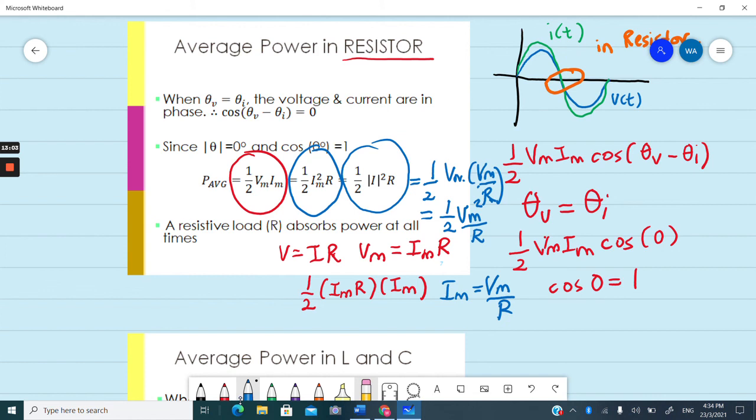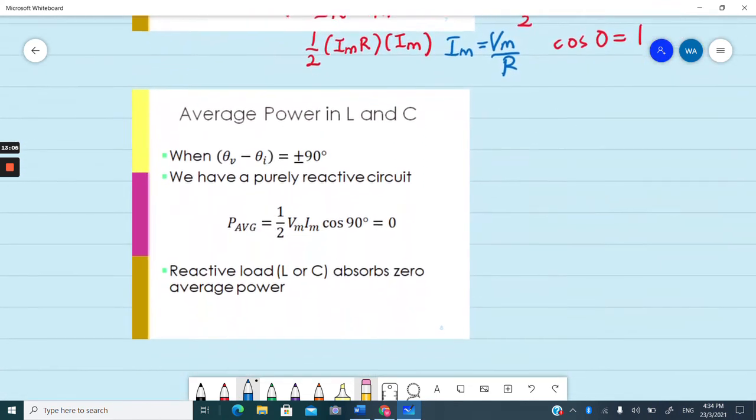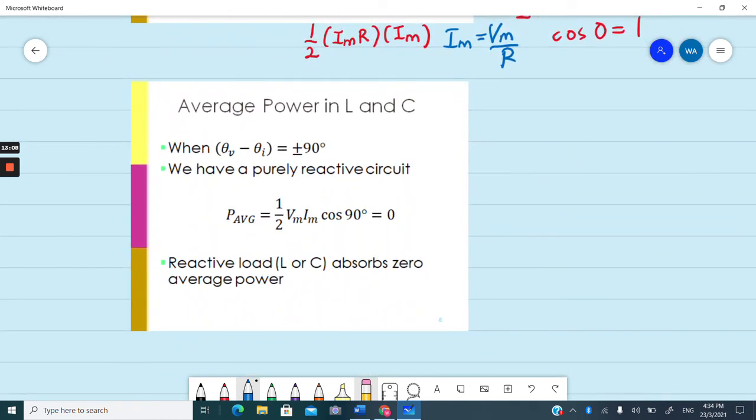In an inductor and a capacitor, you know that the voltage and current are either leading or lagging by 90 degrees.